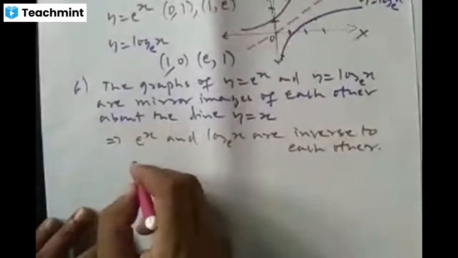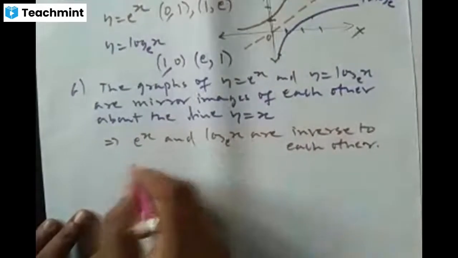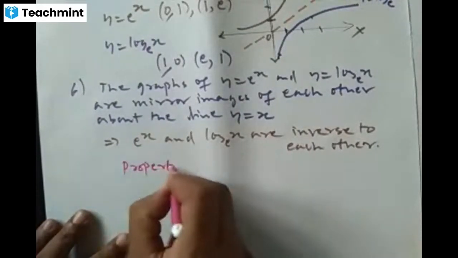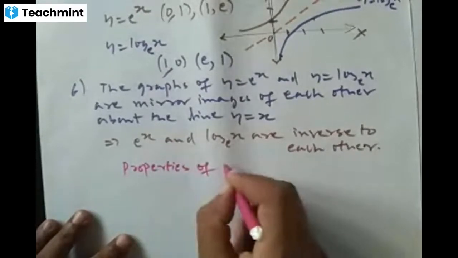There are around 5 properties of logarithm.